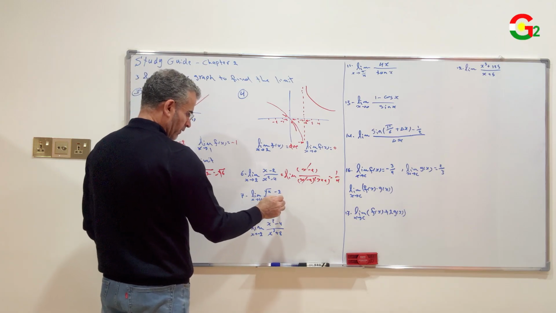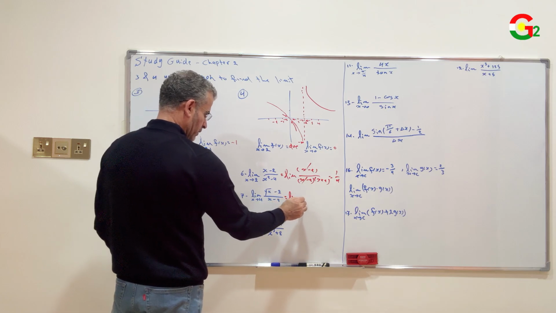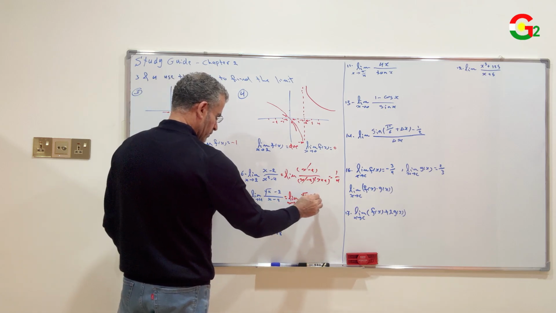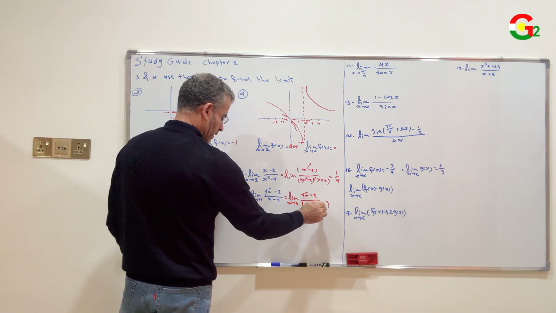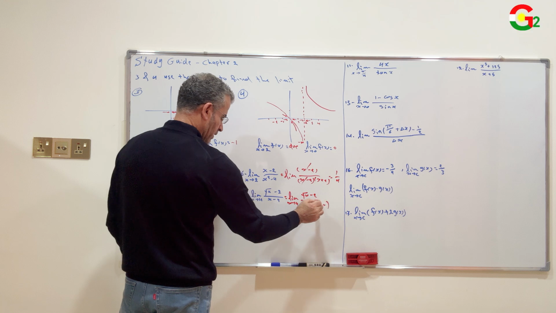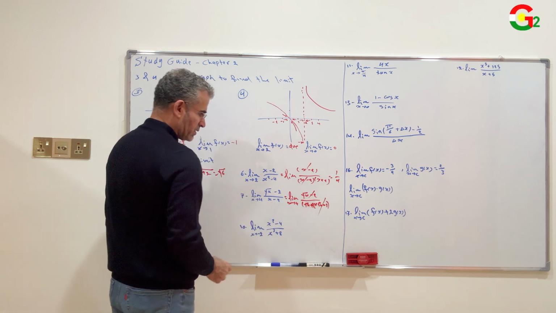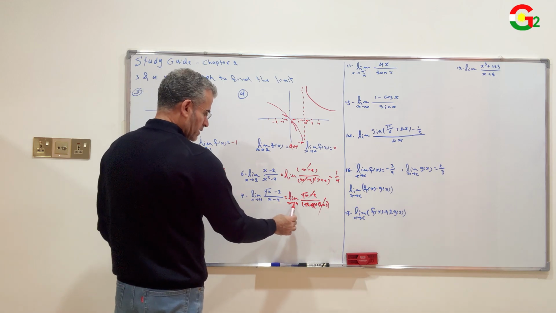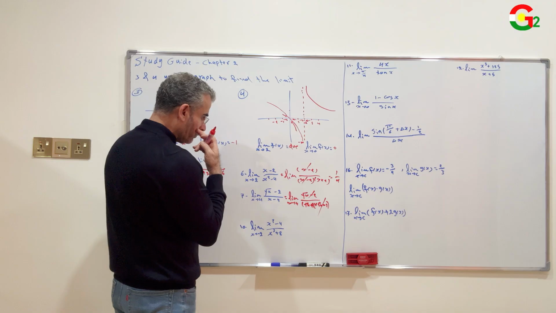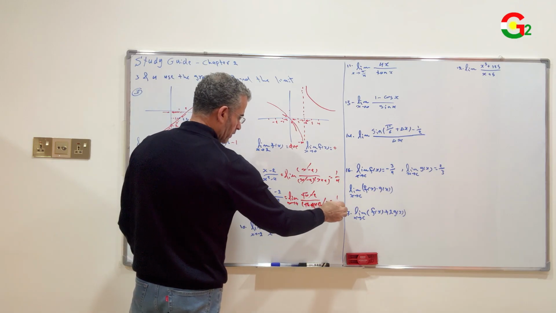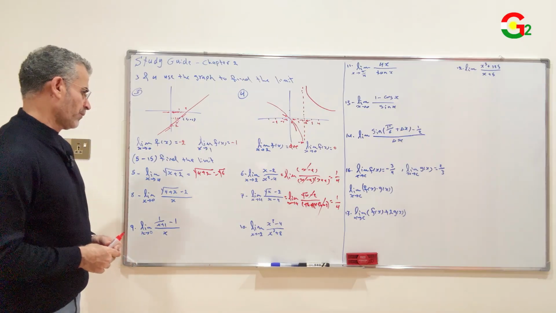I use the method of analyzing, equal to limit x approaches 4 of square root x minus 2 over the square root of x minus 2 times square root of x plus 2, reduce square root x minus 2 with square root x minus 2, substitute every x with 4, square root 4, 2 plus 2, 4. So the answer is 1 over 4.